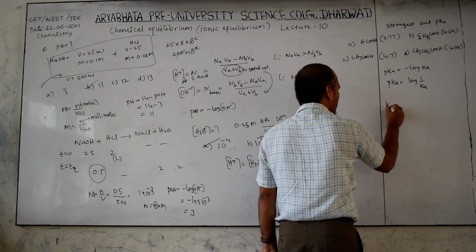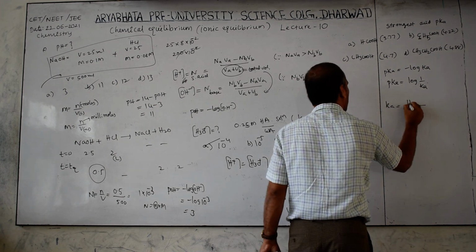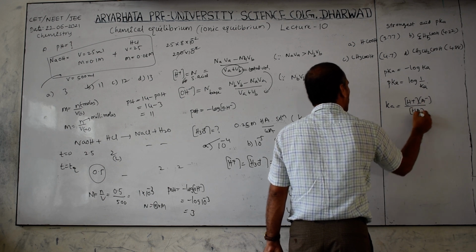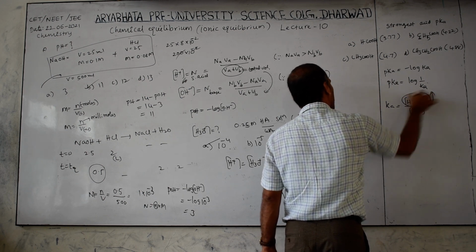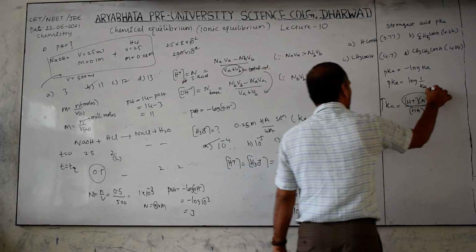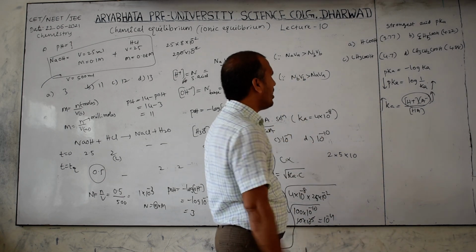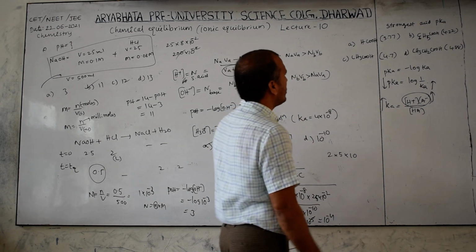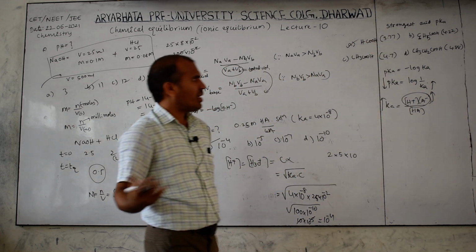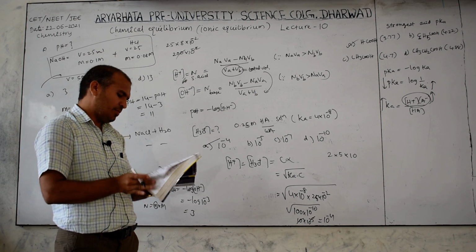Ka is equal to, for the acid HA, H plus ion concentration times A minus concentration by HA. Therefore if the numerator value increases, the Ka value increases, which means a strong acid. Therefore if Ka increases, pKa decreases. So a lower pKa value means a stronger acid. So the lowest value is 3.77, therefore this is it. Otherwise, even without the pKa value given, with respect to organic chemistry you can answer very easily.